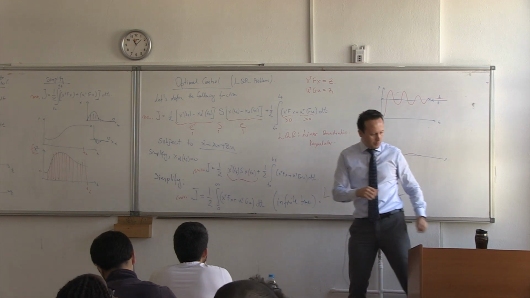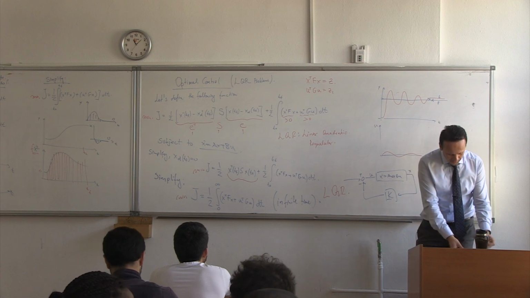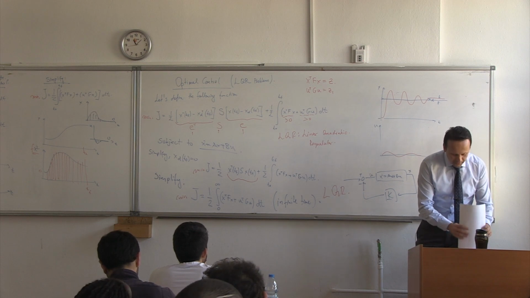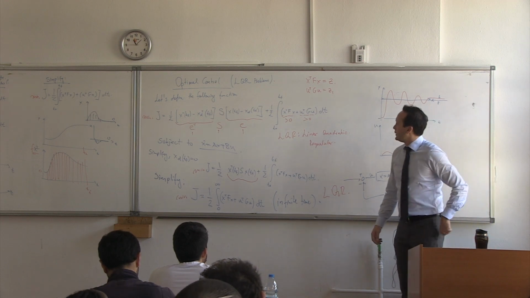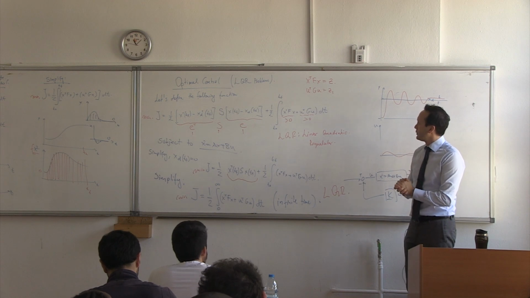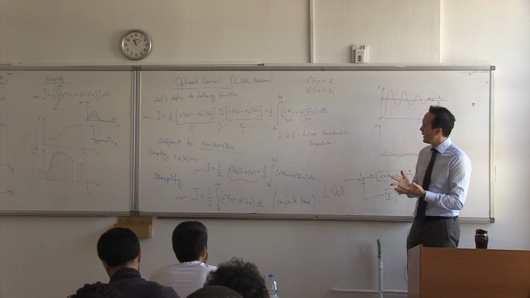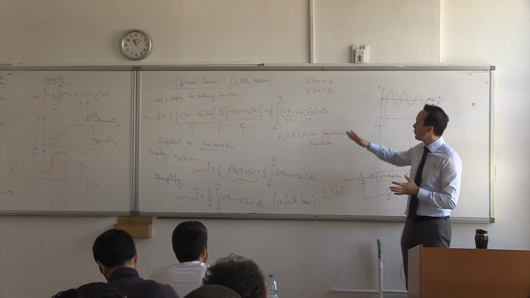Now let me give you quickly then, no, I'm not going to give it to you. Okay. So what I'm going to do next is I am going to try to solve this problem.